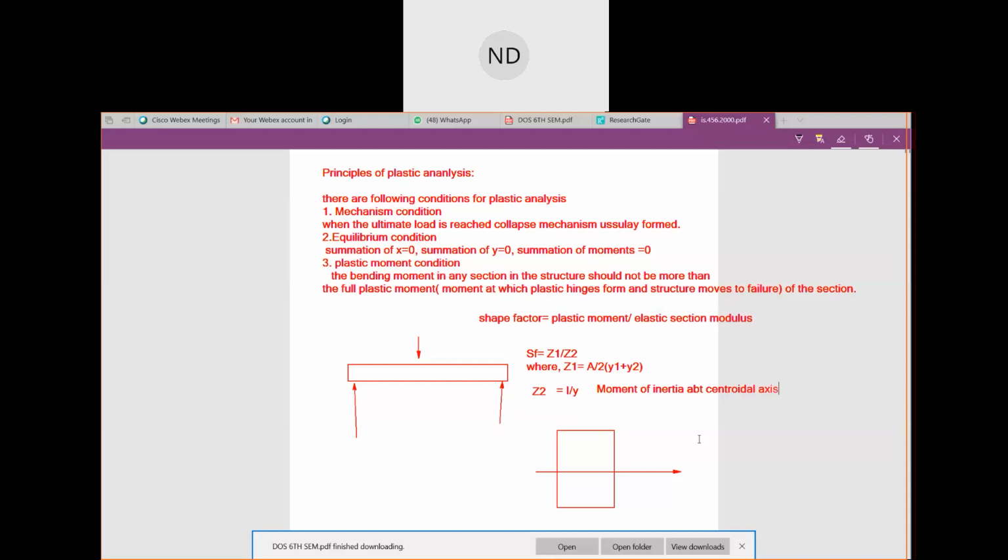We will join on that same link, and we'll discuss the rectangular and the circular part of this analysis there, and then we'll start with our DOS 2 in the next meeting. I'll take the attendance in that class only, after this one ends.